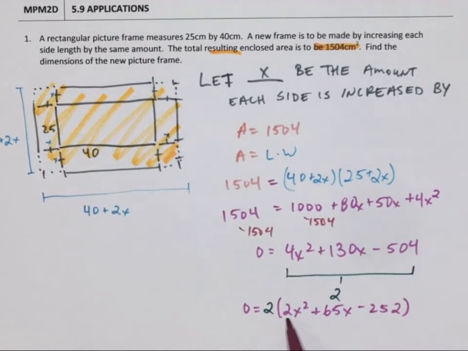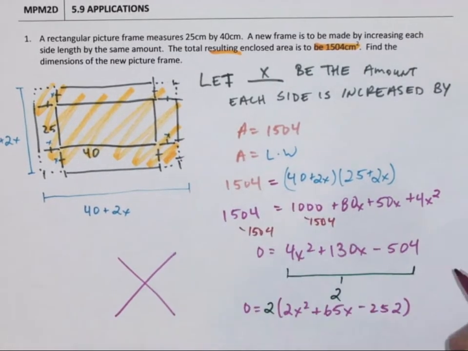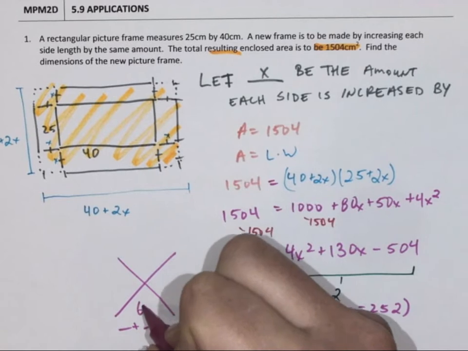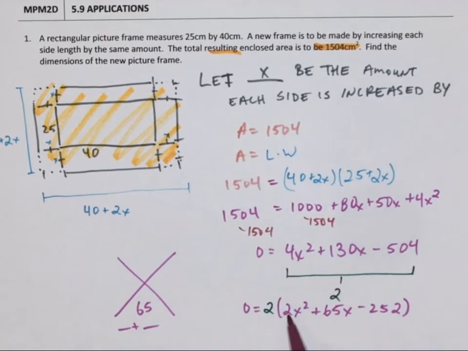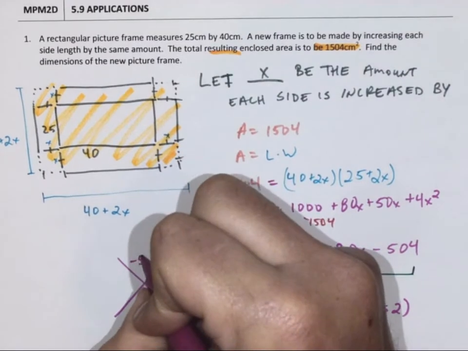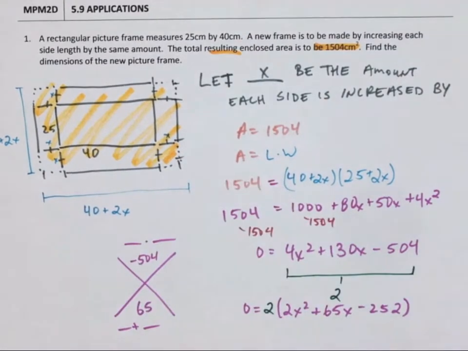Now, because there's still a coefficient in front of x squared, it's going to take a little bit more work. Remember, I need two numbers that add to 65, but multiply to 2 times negative 252.